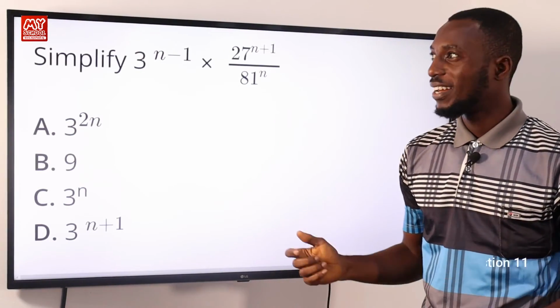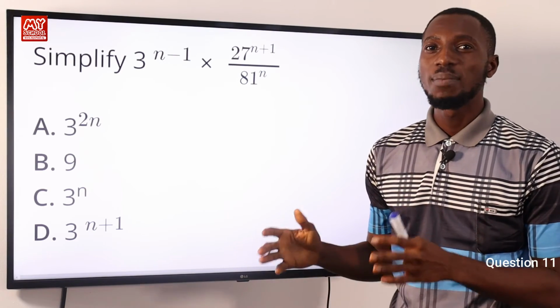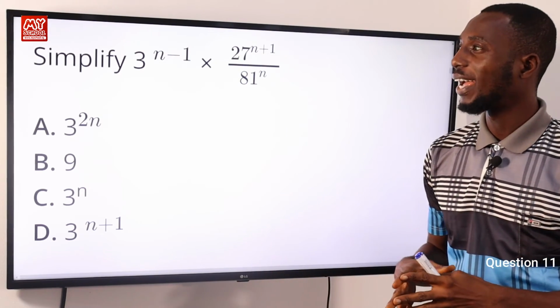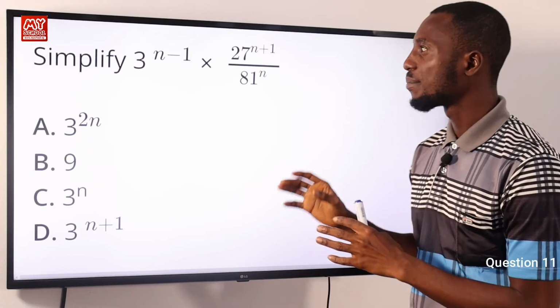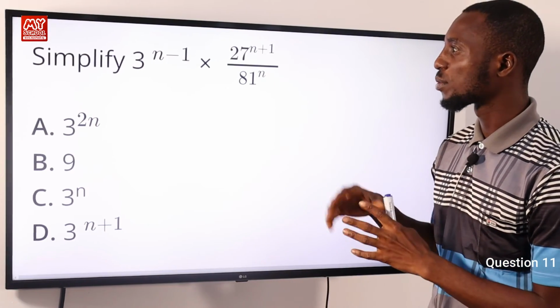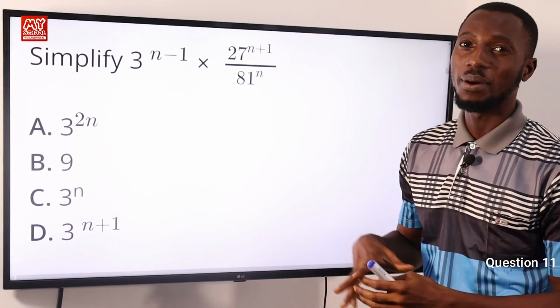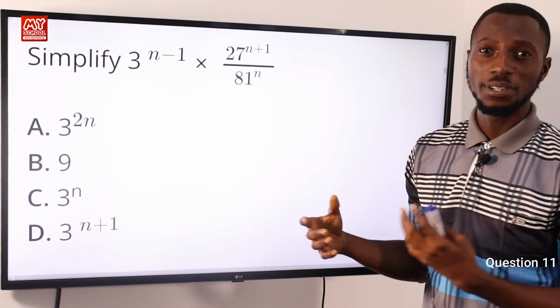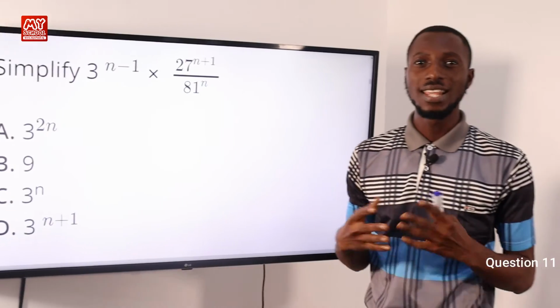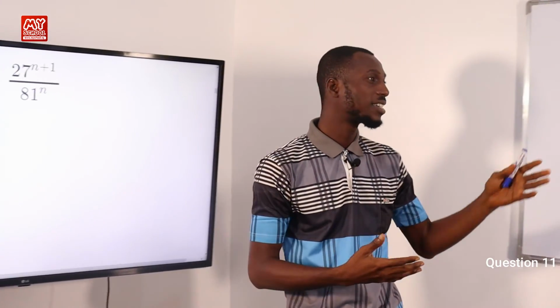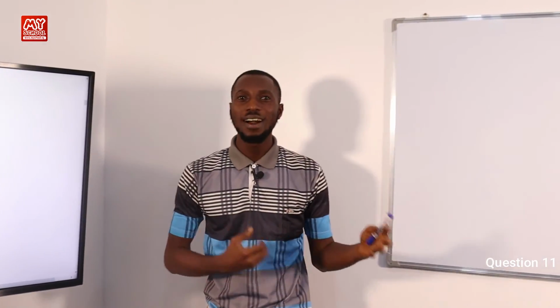Question number 11. Simplify 3 raised to power n minus 1, times 27 raised to power n plus 1, divided by 81 raised to power n. Just like the way we attempt our questions, we first reproduce them on our whiteboard.